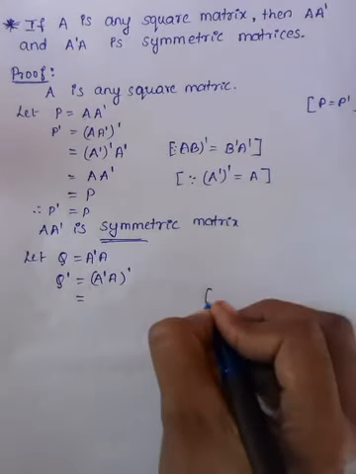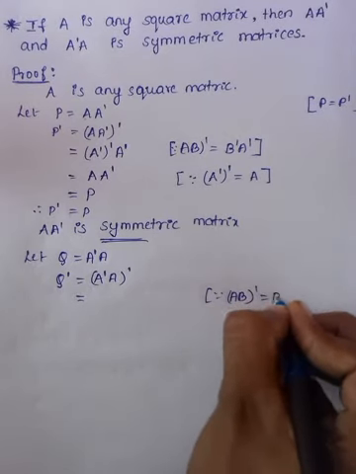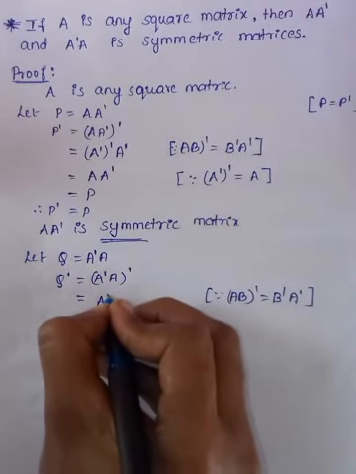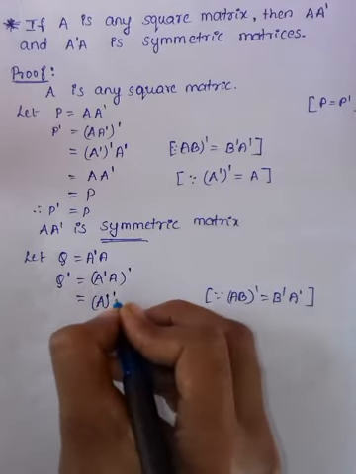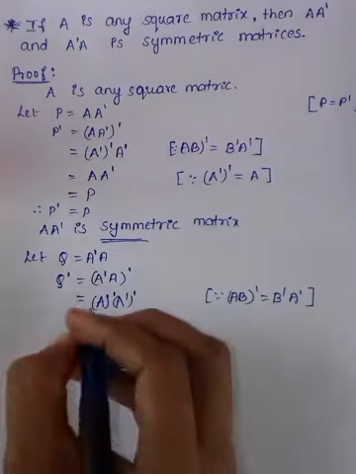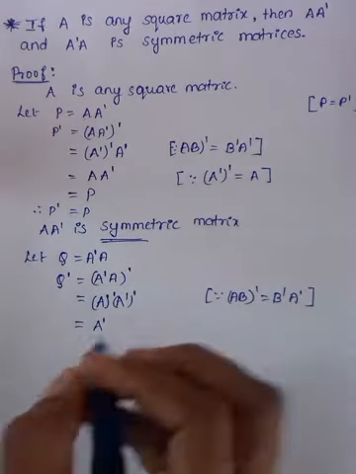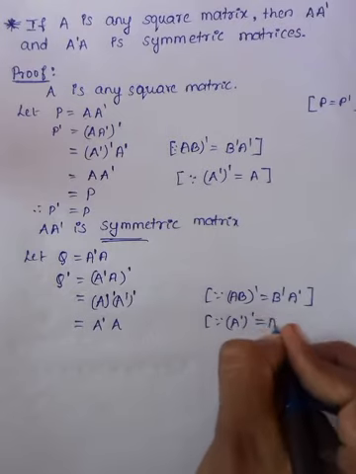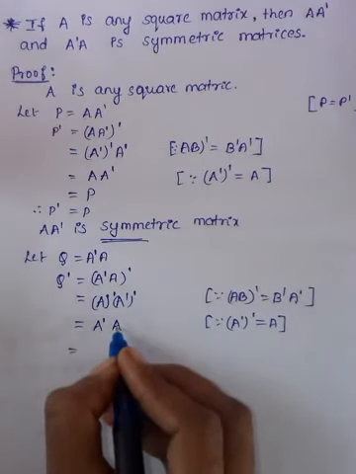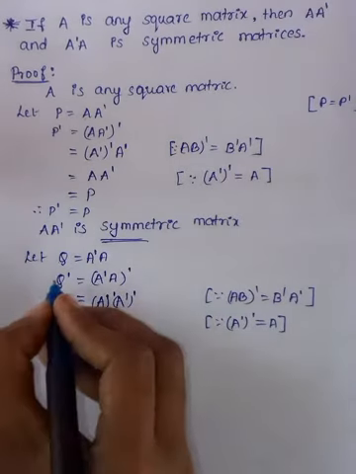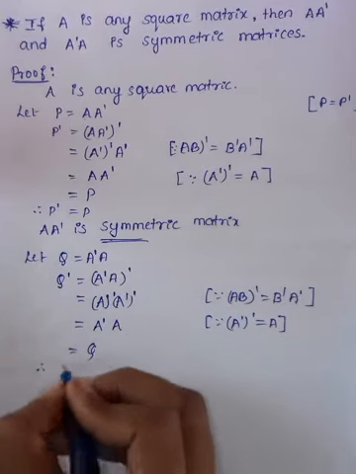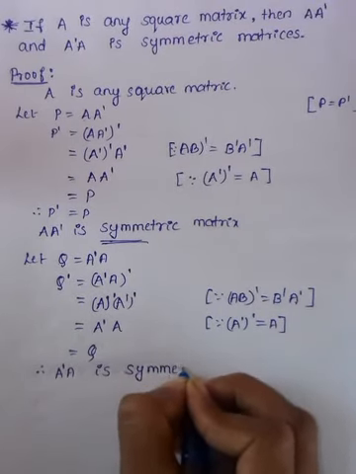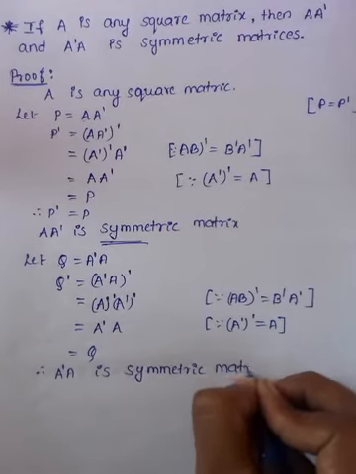Since AB whole transpose equals B transpose into A transpose, apply this property here: that is A whole transpose into A transpose whole transpose, and A transpose whole transpose is A, which gives A transpose into A, our Q. Q transpose equals Q. Therefore, A transpose into A is a symmetric matrix.